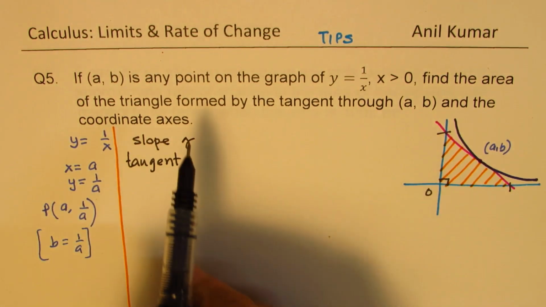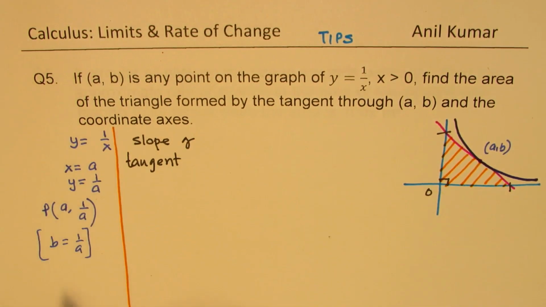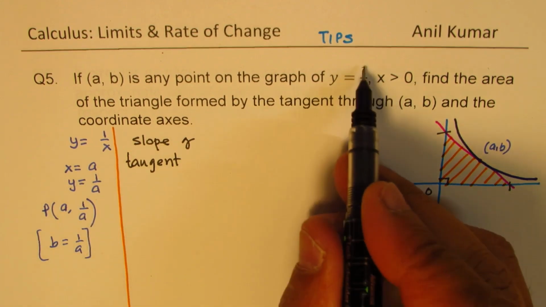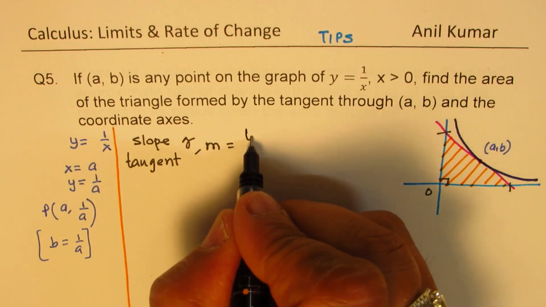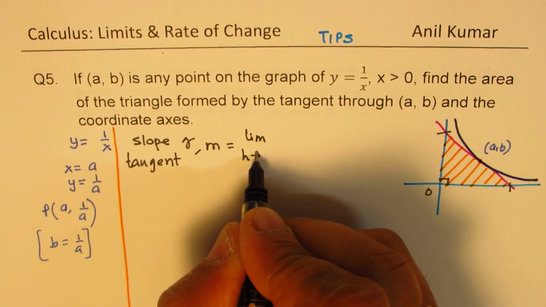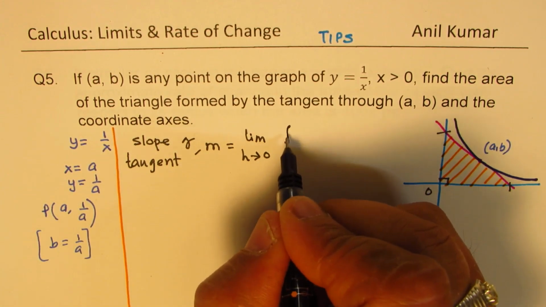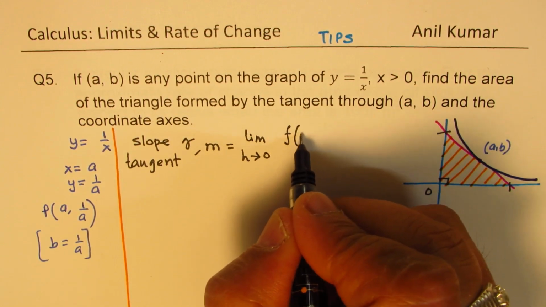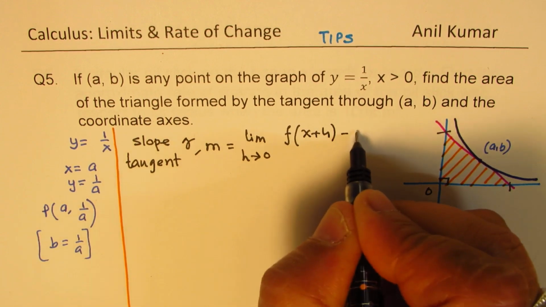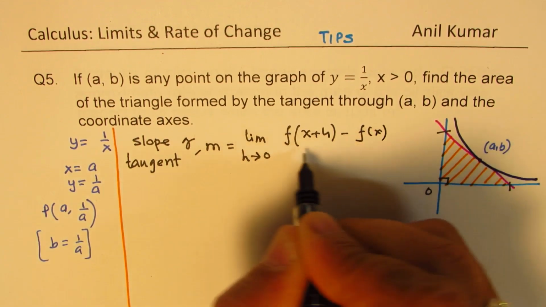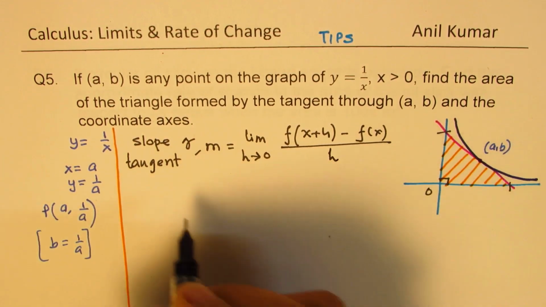Using first principle, that is our definition of limits, we can find the slope of the tangent for this curve. So let's call this m, which will be limit h approaches 0, f of x plus h minus f of x over h.